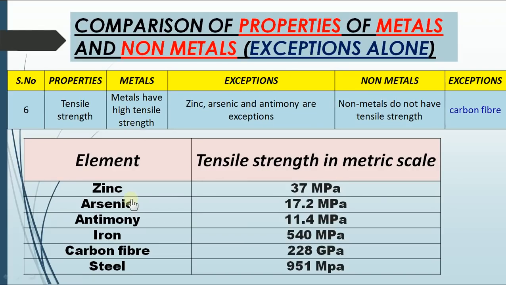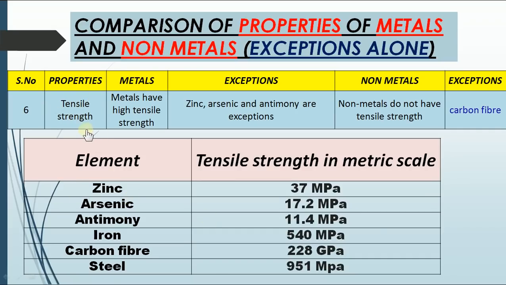So when you make a thread, if you hang 10 kg of stone or something and it holds that, the tensile strength of that thread is 10 kg. When you make it 11, the thread cuts automatically, so we can say the tensile strength is a maximum of 10 kg.